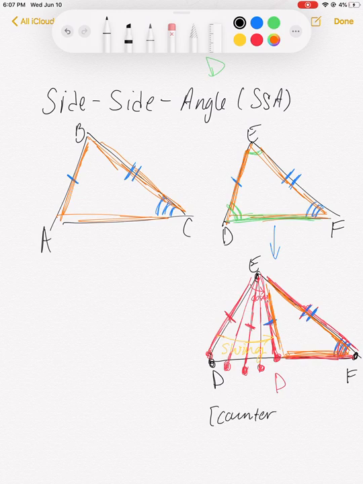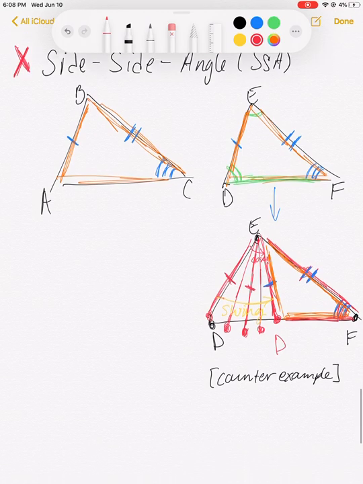Same correspondences but different triangle. It did not fail like it did before. So side-side-angle does not work. And you can know that it doesn't work because if you switch the letters around, it makes a bad word. You can't do bad words there.